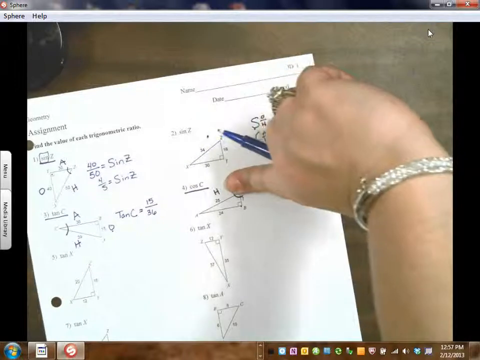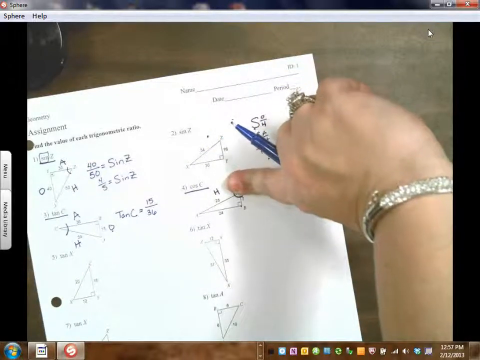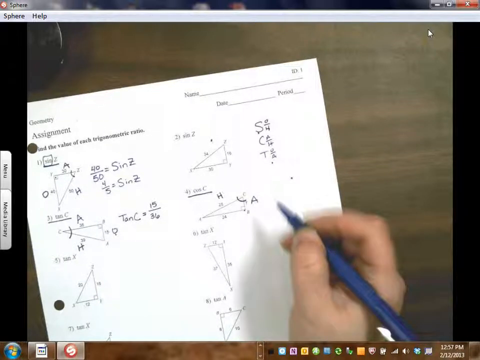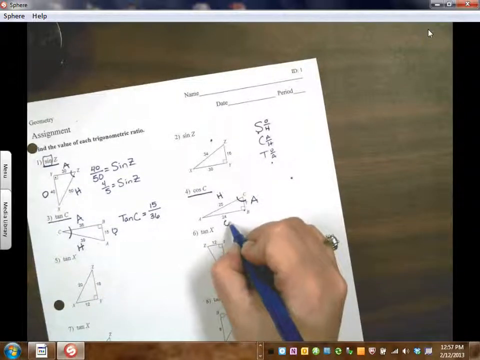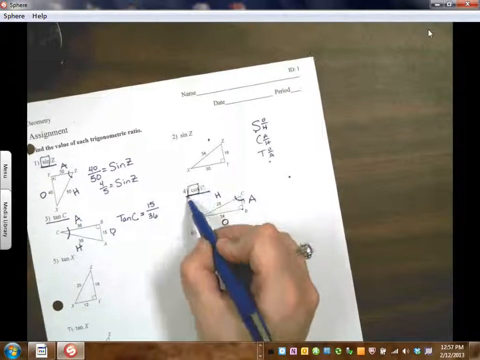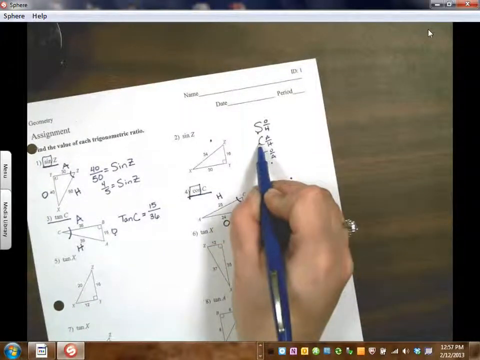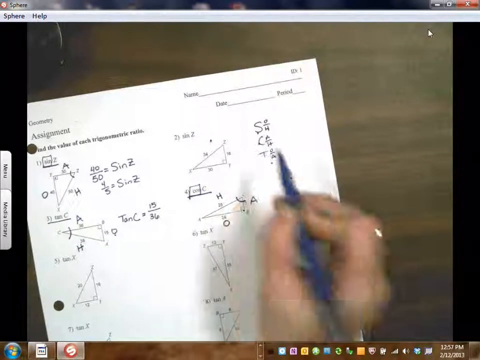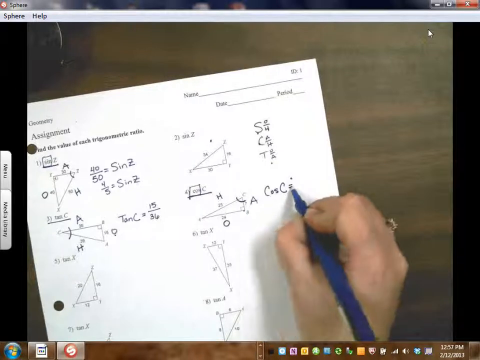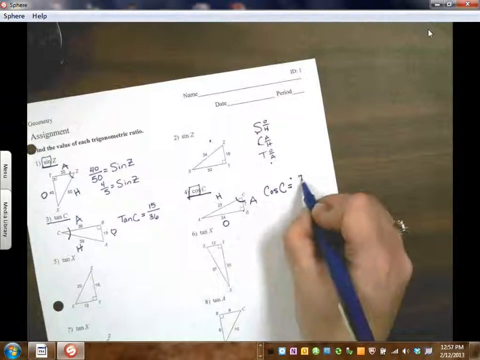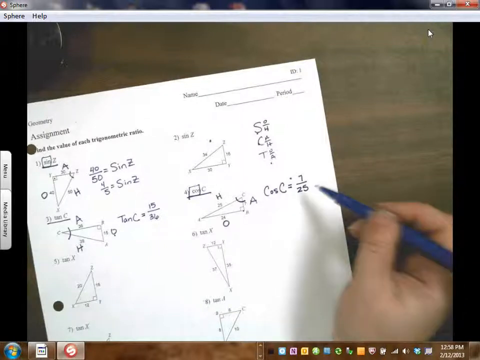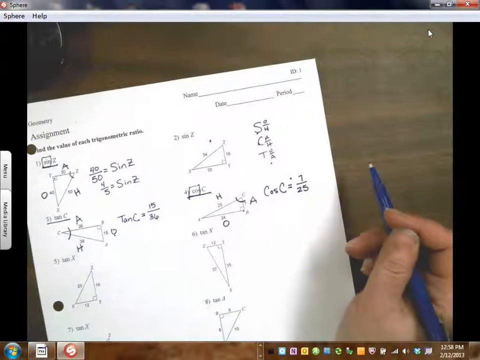Notice I'm touching the H, and that means that this side over here is the A. And that means this is the O. They want me to find the cosine of C. Cosine is A over H. So the cosine of C equals A over H. A is 7, H is 25. I don't think that reduces because 7 is a prime number.